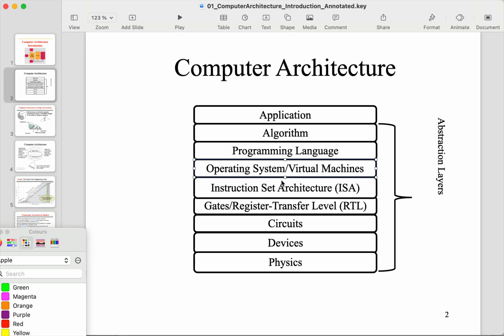The operating system sits on top of the hardware along with the CPU that executes the instruction set, which is pretty much machine level language or machine instructions. On top of that sits the operating system. The operating system controls the devices, the hardware, and CPU, memory, hard drives, input-output devices through drivers.